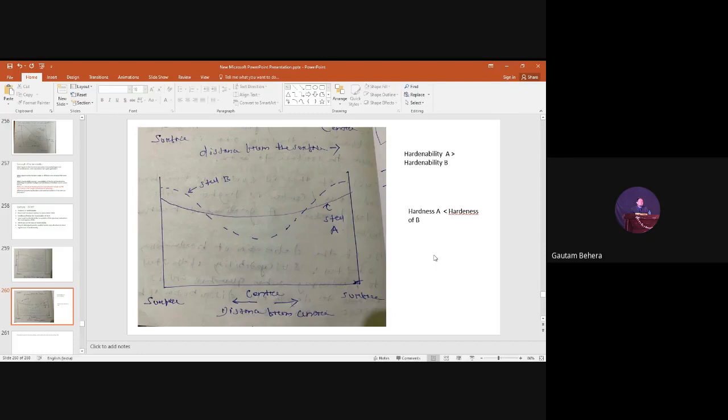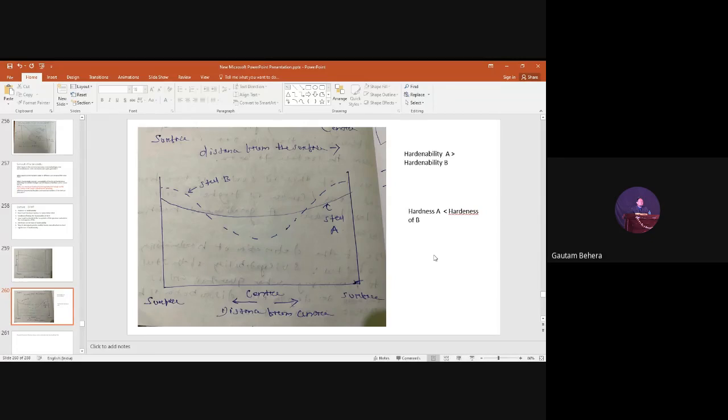The point is that we want martensite at the surface of the steel and at the center or core of the steel, right? Everywhere we want martensite. To get martensite, the cooling rate should be higher than the critical cooling rate. But the problem is, due to the dimension or thickness of the steel, the cooling rate at the surface is somewhat higher, but at the core the cooling rate is somewhat lower.